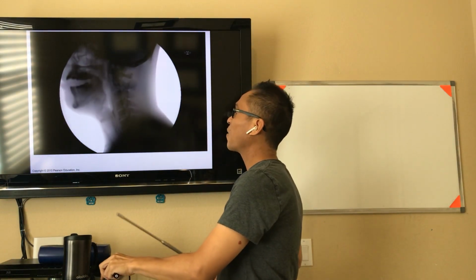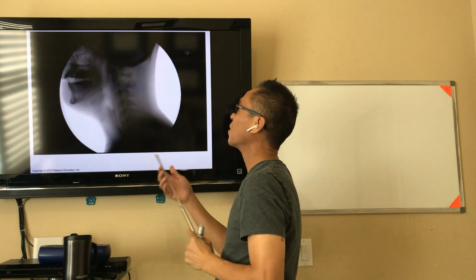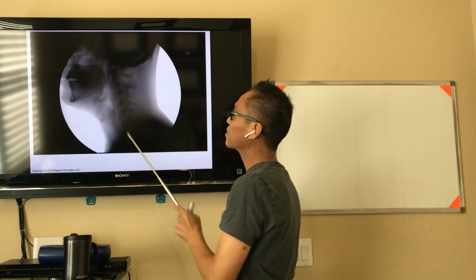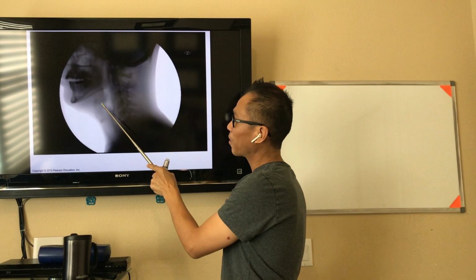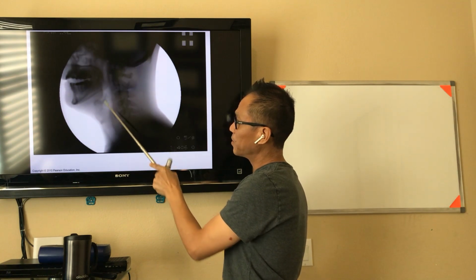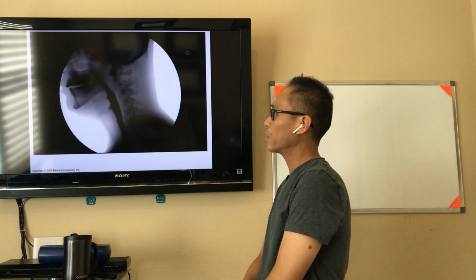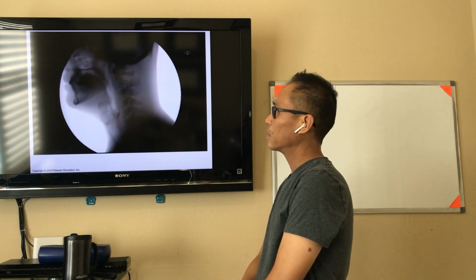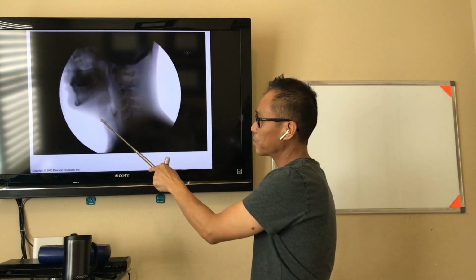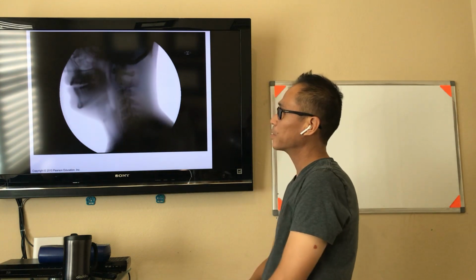So you see the food go down there. Notice how mobile the soft palate is. You can see the epiglottis there. It's up, and you can see it really quickly go down to cover the airway when they swallow. You see the hyoid bone there. There's the laryngeal prominence.